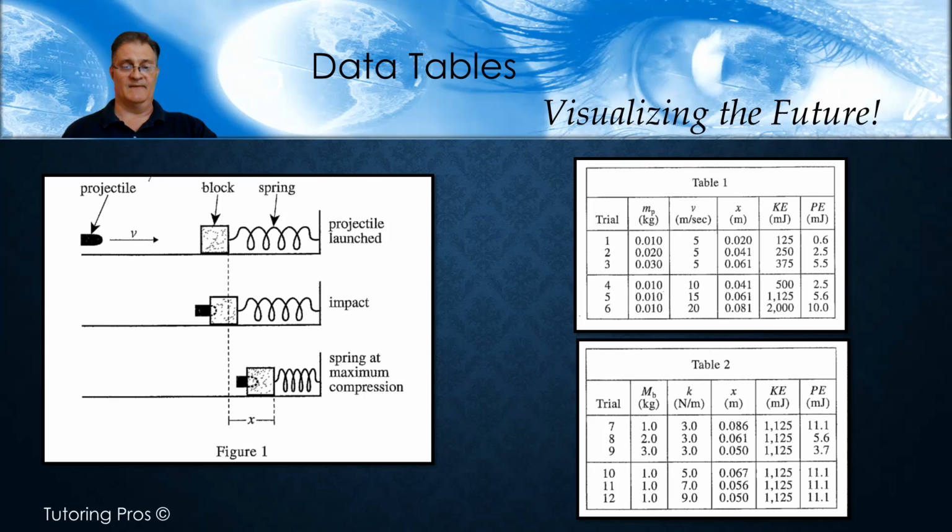In trials 4, 5, and 6, you can increase the velocity, hold the mass of the projectile the same, and therefore you can cause the block and spring system to compress more. In trials 1, 2, and 3, you can increase the mass of the projectile, hold its velocity the same, and cause the block and spring system to compress more as we increase the mass of the projectile.